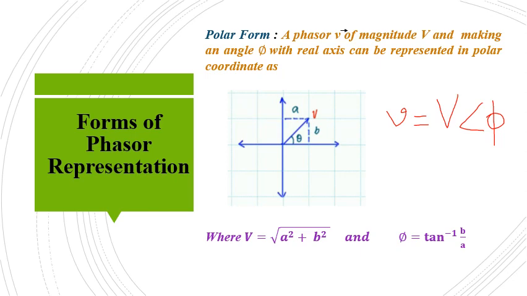And capital V can be written as V equal to root of A squared plus B squared, and angle phi will be tan inverse of B by A. Usually polar coordinates are used for multiplication as well as division of two phasors.